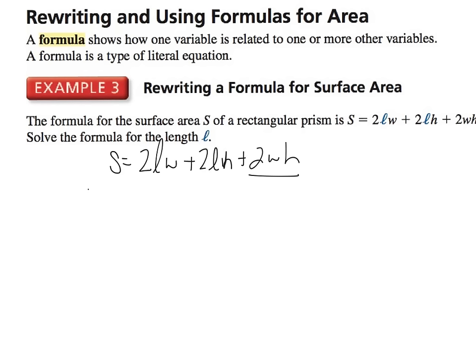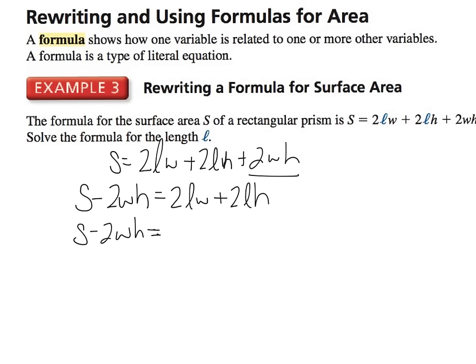That would give me S minus 2WH equals 2LW plus 2LH. I now have more than one term with an L in it, so I have to use the distributive property and divide it out. So I'm going to divide out the L and get 2W plus 2H.